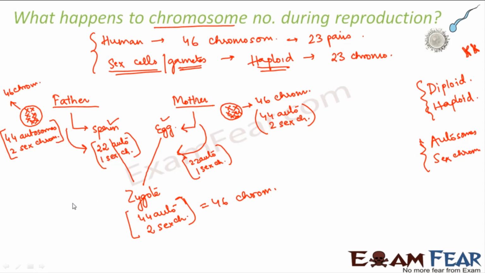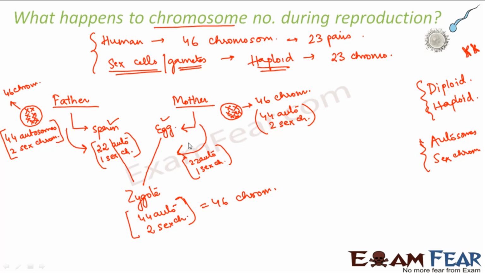Now let us take the example of eye color. Now let us suppose that the father has a brown eye, right? So what will the father do? The one chromosome which the father donates is for brown eye color.